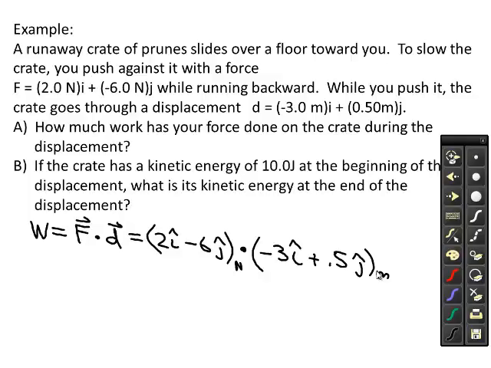Now, you can multiply these two together using the FOIL method: first, outer, inner, last. But there's something kind of cool that happens when you do this. So let me just do it real quick. 2 i hat times the negative 3 i hat, that's going to be negative 6.